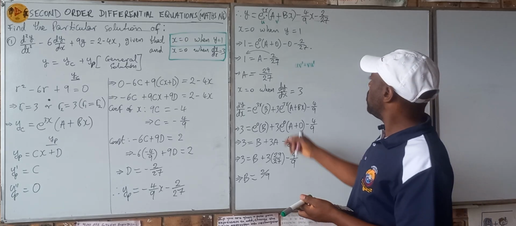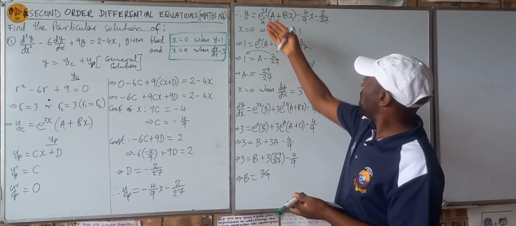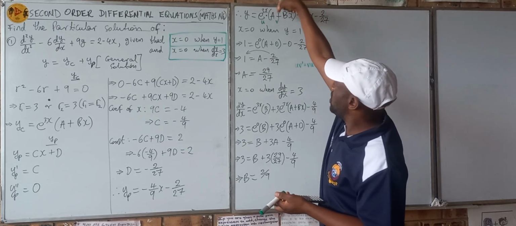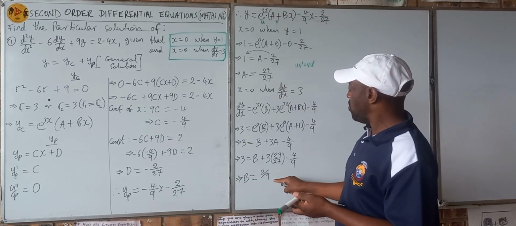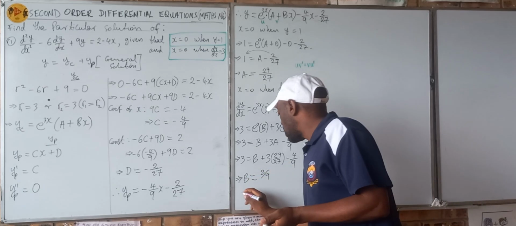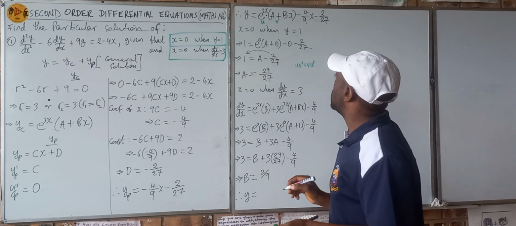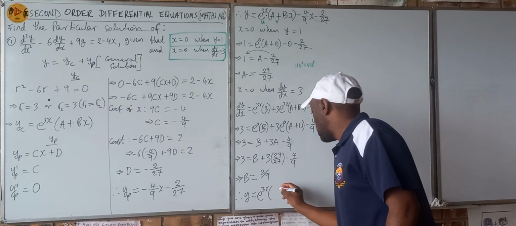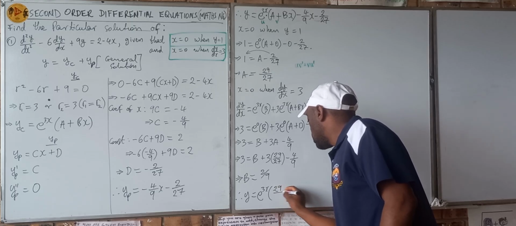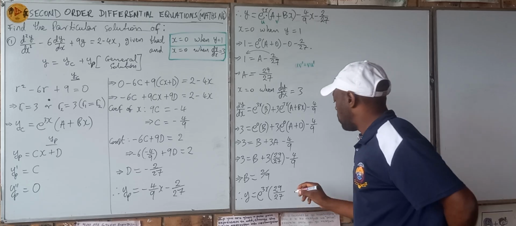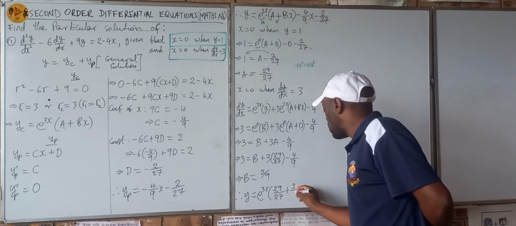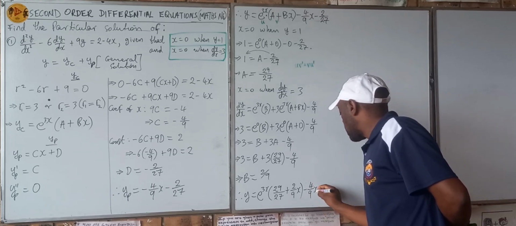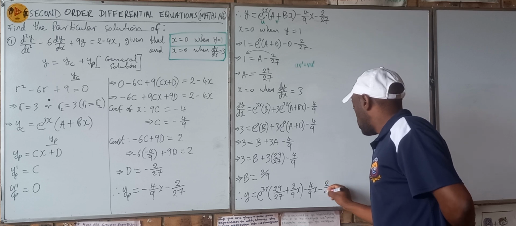So now that I know a and I know b, I can write my particular solution by just copying the general solution, changing a to 29 over 27, b to 2 over 9. So that's how simple it is. So my particular solution is e to the power 3x, in brackets, our a is 29 on 27, then plus b, which is 2 on 9x, then minus 4 on 9x, minus 2 on 27.